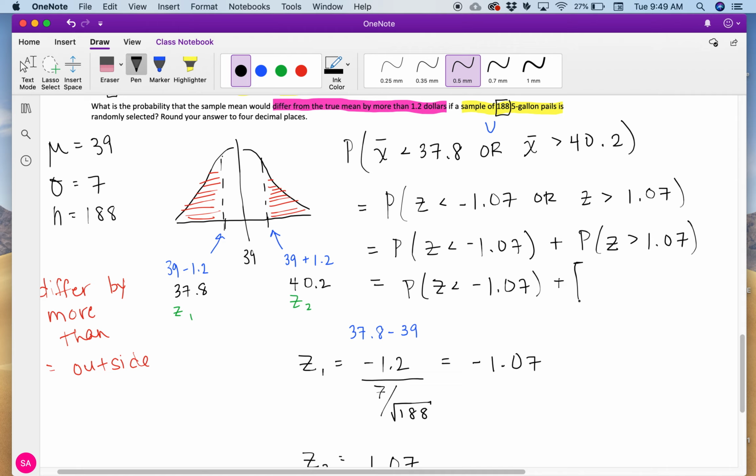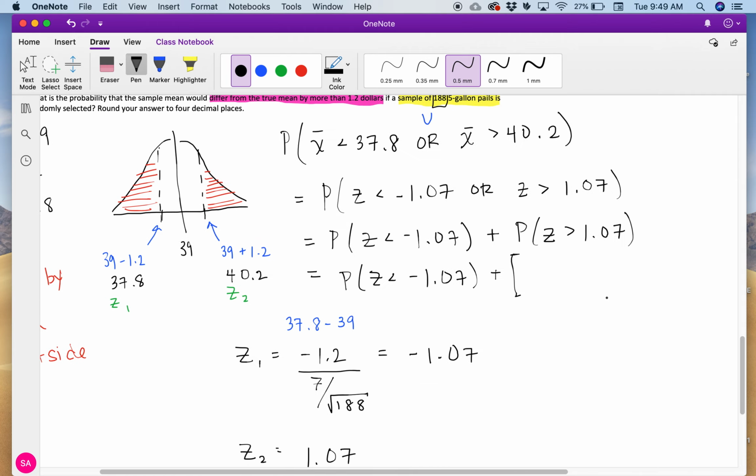So I'm going to bracket this and rewrite this piece as 1 minus the probability that Z is less than 1.07. Okay, so again, just to review, probability to the left, you want to leave that as is, but if it's to the right, we've got to rewrite it, 1 minus the probability to the left.